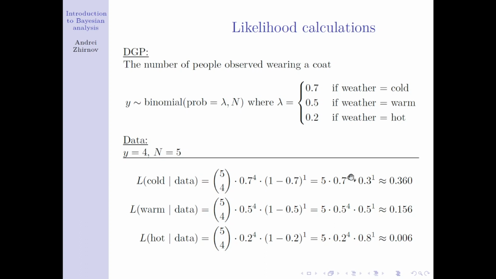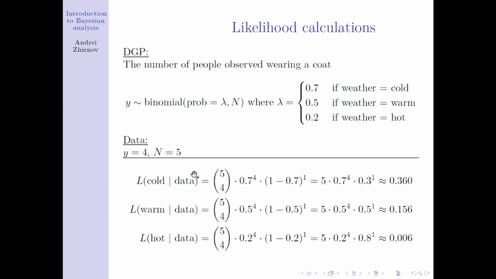Here down on the screen you can see the direct calculations for this function, for the likelihood function. It is basically the application of the probability mass function for the binomial distribution. In principle, you can do it easily by hand, but you could also do it using the software. For example, you could use the dbinom function in R.